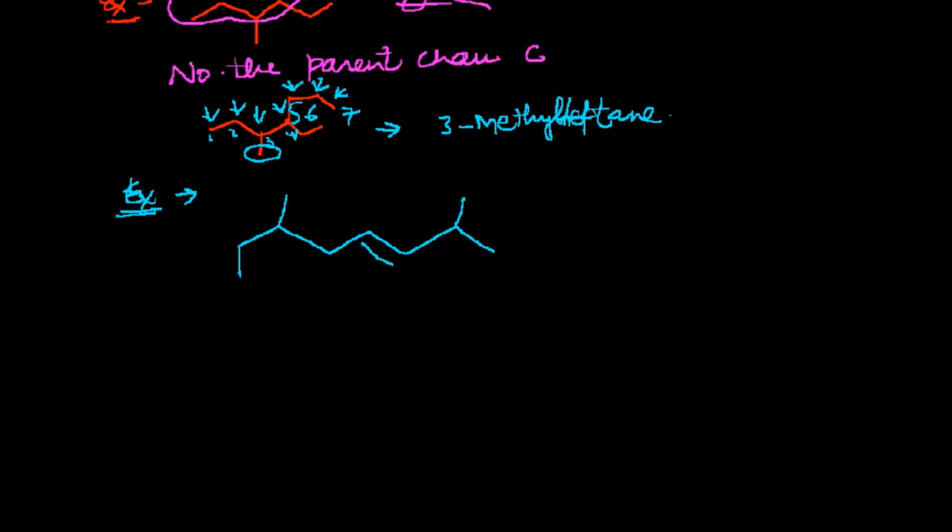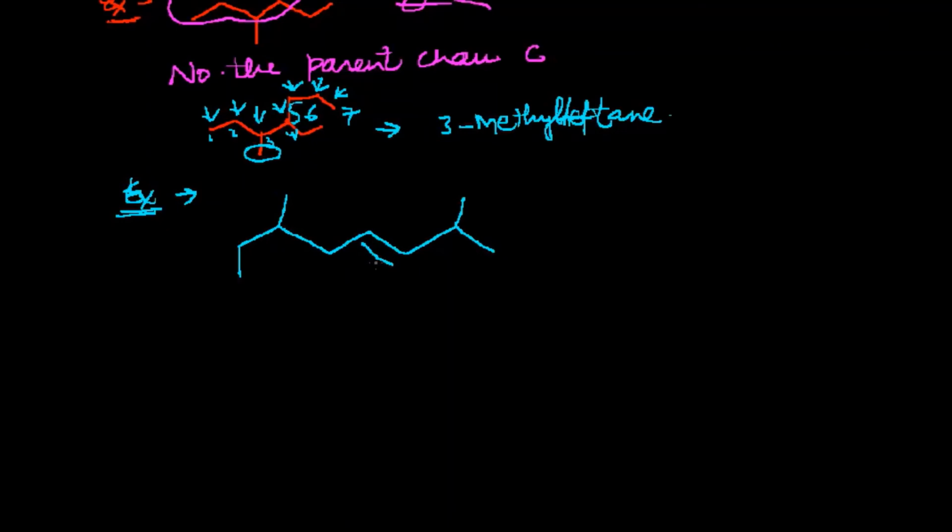So for this we can easily do this one again. The principal chain has no confusion because we can easily count it like 1, then 2, 3, 4, 5, 6, 7, 8. So this is your principal chain. Now the question is, from which side the numbering should be done? One can easily see here that there is branching nearest to this on second, and here it is on third. But is it the deciding factor?